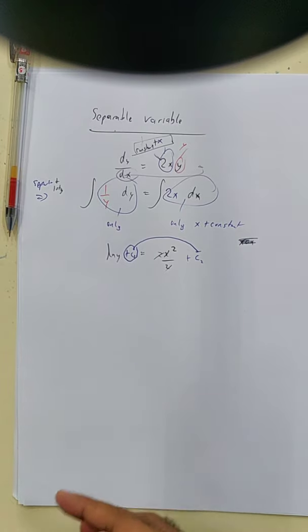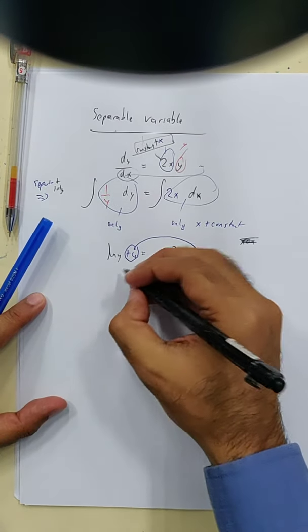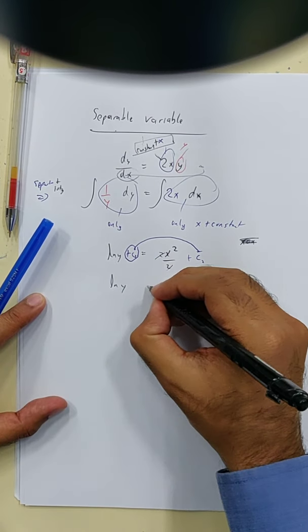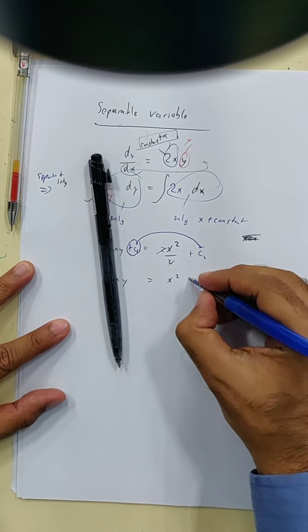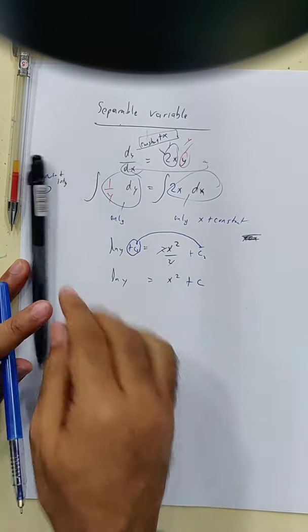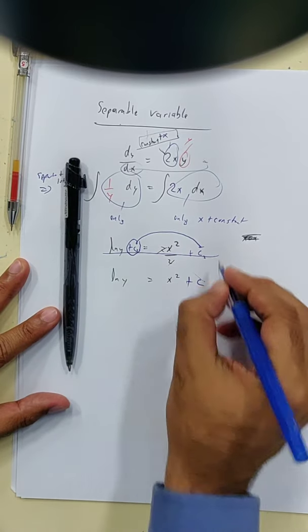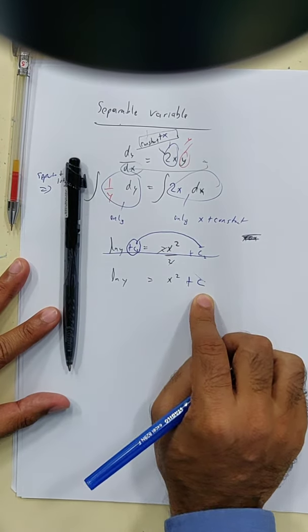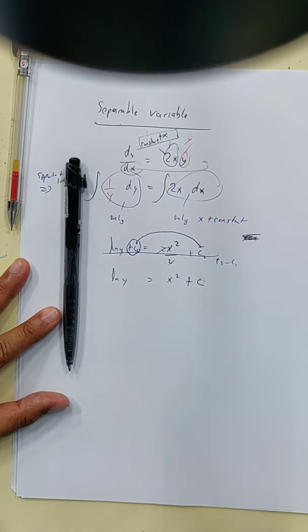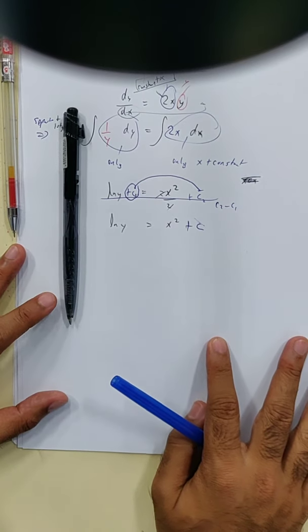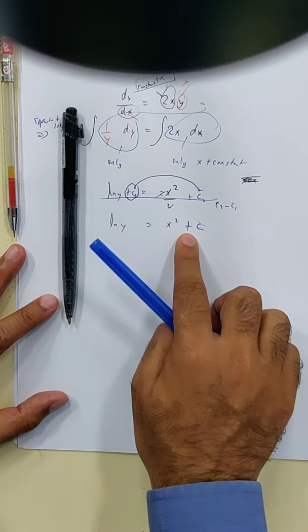You can skip this process and straight away write down ln y equals x squared plus C. I just tell you why we got here. Basically what happened was C2 minus C1 becomes C3, which we just write down as C.